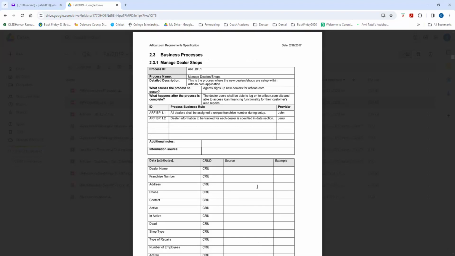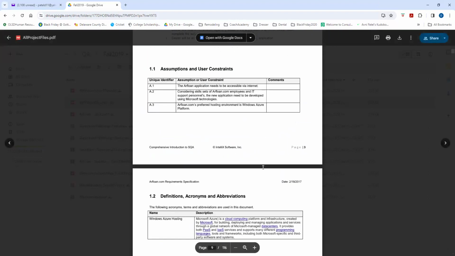Now, did you guys understand what managed dealer is? I mean, why they need to manage a dealer in the system? No. Okay, anybody else? No. Okay, so do you understand the process? What happens if you look at the context diagram and read the description here?